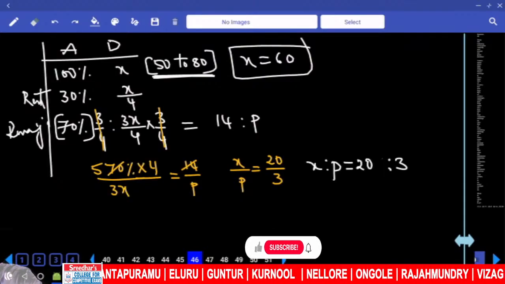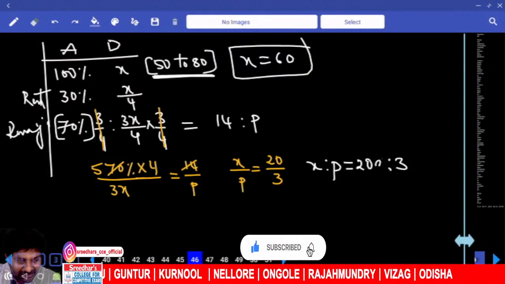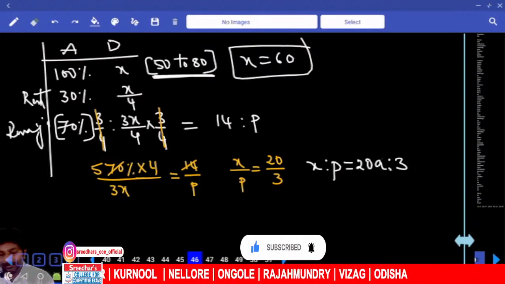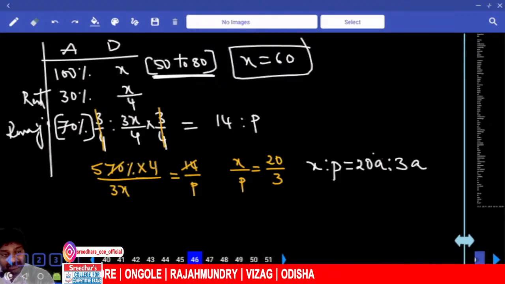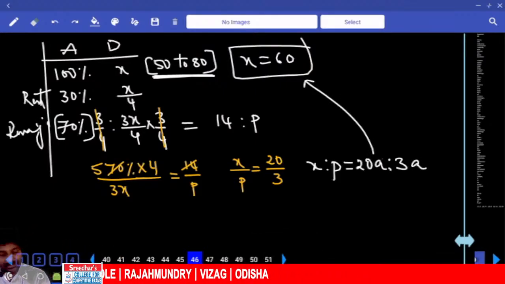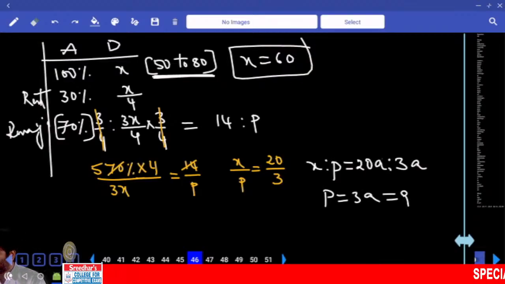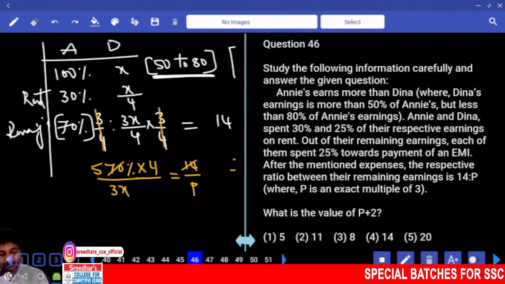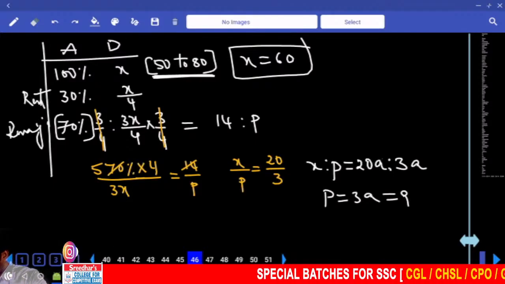X also I cannot take because X is already there. Let me take X is equal to 20A, P is equal to 3A. 20A is equal to 60, then A is equal to 3, then P is equal to 9. Understood? Now the question is about P plus 2. 9 plus 2. 11 answer.